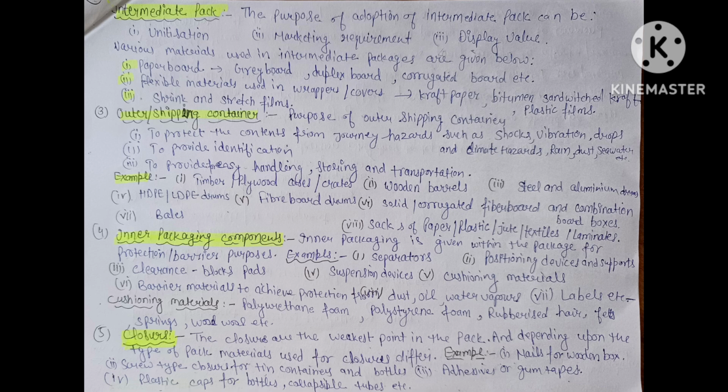The closures are the weakest point in the pack and depending upon the type of pack, the material used for closure is different. For example, nails for a wooden box, screw type closures for tin plate containers and bottles, adhesives and gum tapes, plastic caps for bottles and collapsible tube.